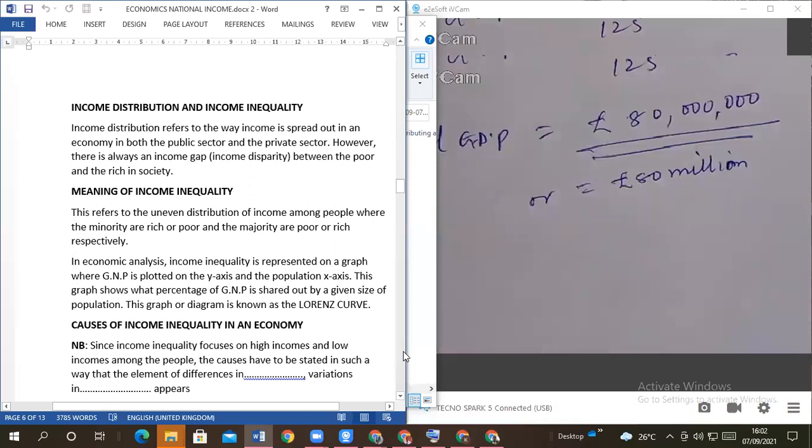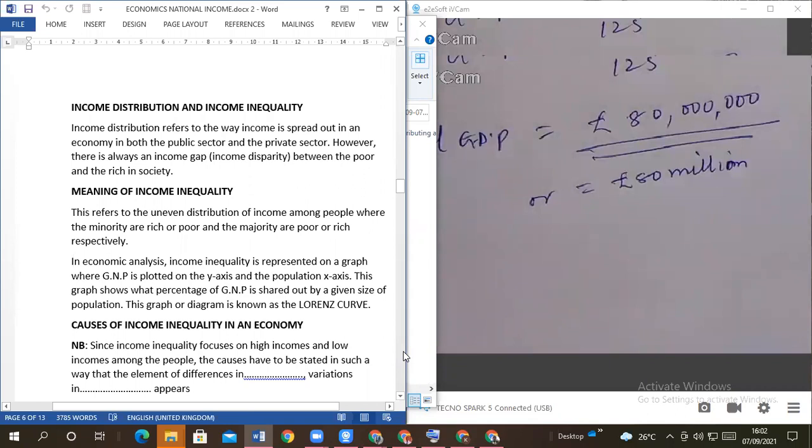Income inequality refers to the uneven distribution of income among people, where a few people are rich or poor. Or in the other case, you can find that the majority of the people are poor or rich, depending on which economy these people are in. In the Ugandan economy, you'll find that a few people are rich and the majority are poor.